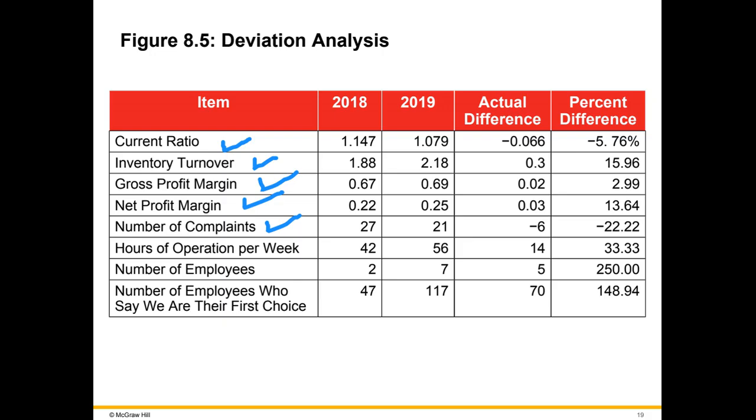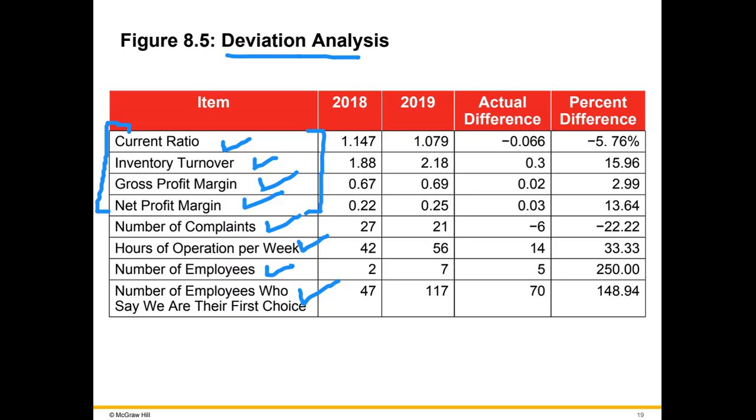This is like we are using non-financial parameters, number of employees who say we are their first choice. I think these are the ratios we just discussed recently in previous slides. So the deviation analysis, we are just concerned like where were we in 2018 and what is our current state.